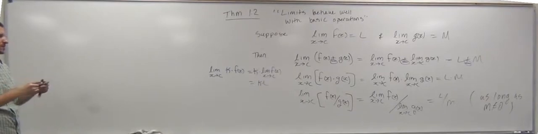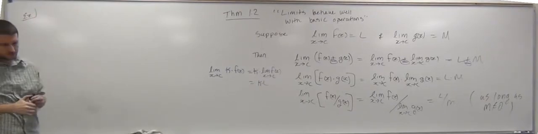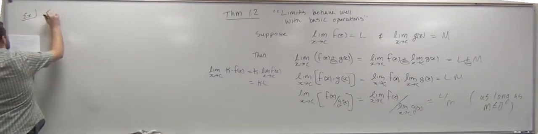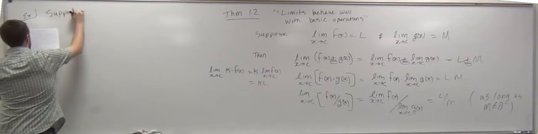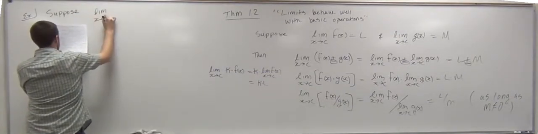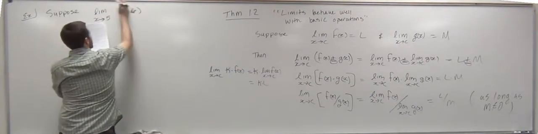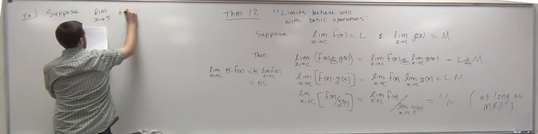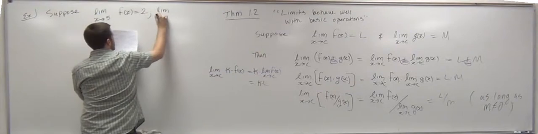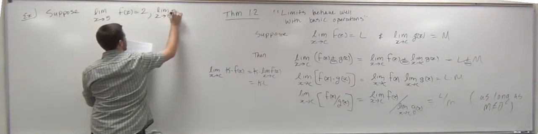Let me give you an example. So suppose you know that the limit as x goes to 5 of f of x equals 2, and the limit as x goes to 5 of g of x equals -3.